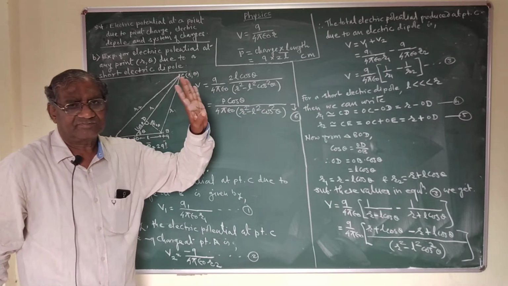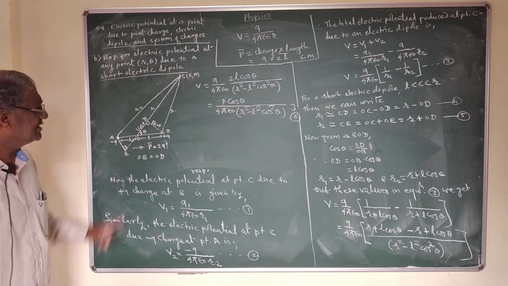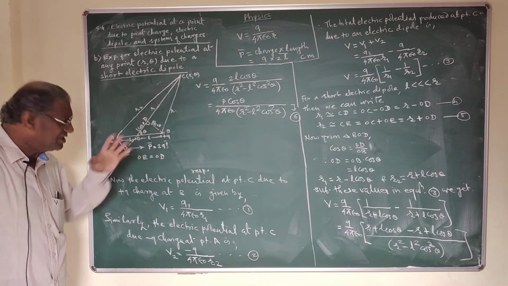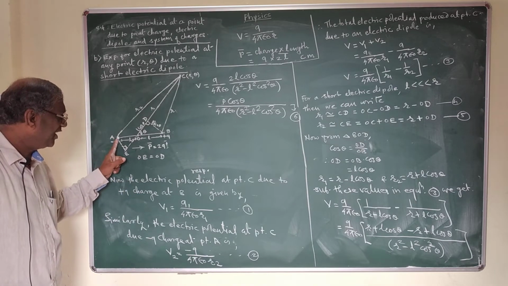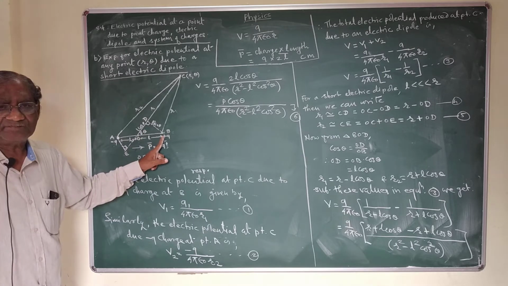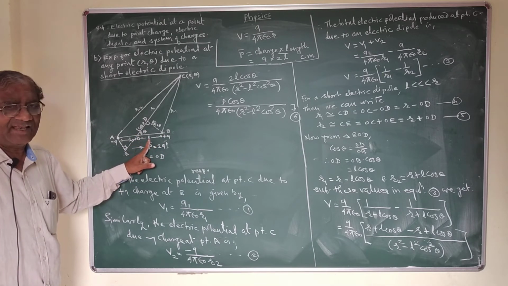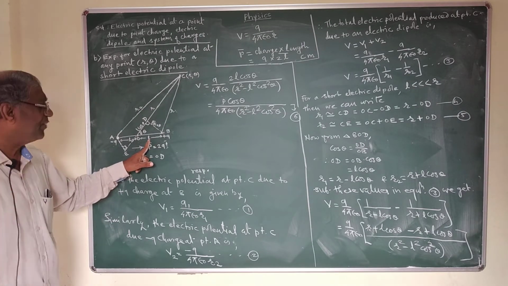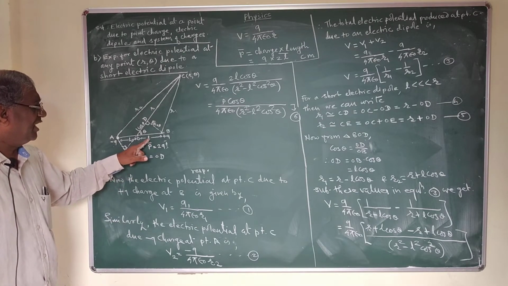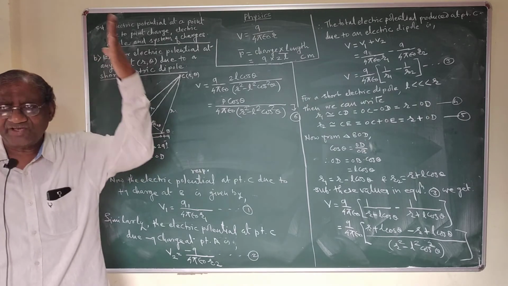Now we have to apply a condition here, and the condition is that if the dipole is very short, if the length of the dipole is very small, then L, the half length of the electric dipole, is a very small quantity, so the square of a very small quantity is again very small.